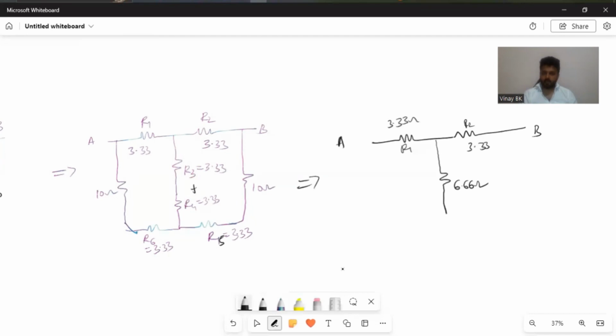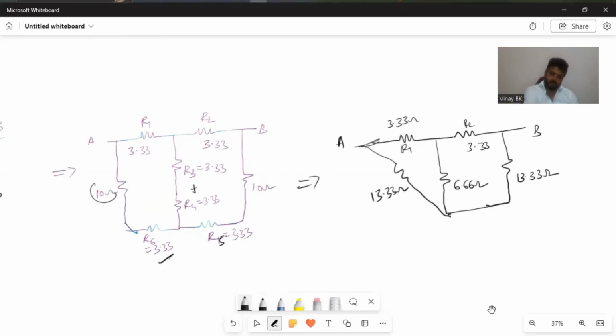Similarly, from B, you have one 10 ohm resistor and 3.33 in series. So you can get 10 plus 3.33, that is 13.33 ohm. Similarly, from A to here, 10 and 3.33 are in series, so you can get 13.33 again from here. 13.33 ohm resistors are in series.